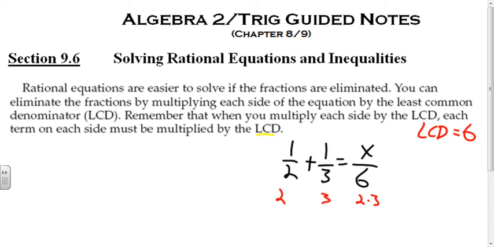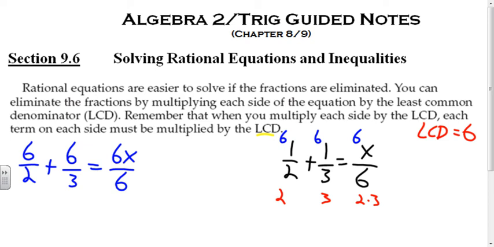So what we can do with that is multiply each piece by our LCD. Multiply it all by 6. So we're left in the end with 6 times 1 is 6 over 2, plus 6 times 1 is 6 over 3, equals 6 times x is 6x over 6. Now at this point, we can just divide everything through, or essentially cancel them out.